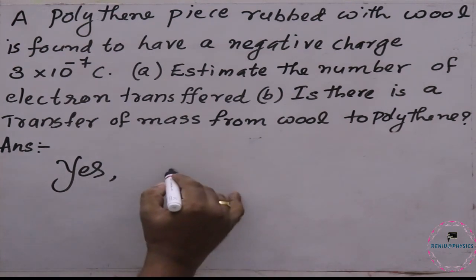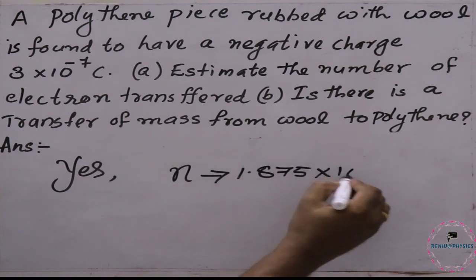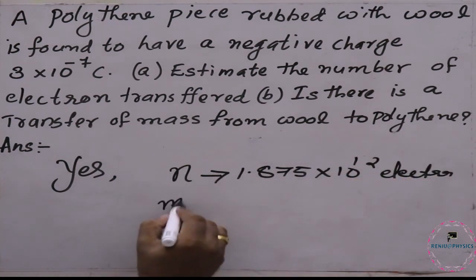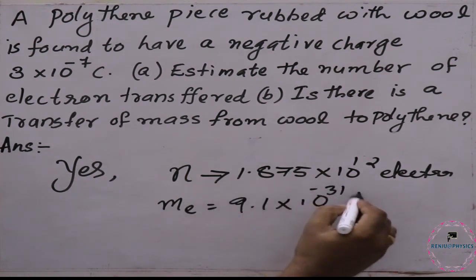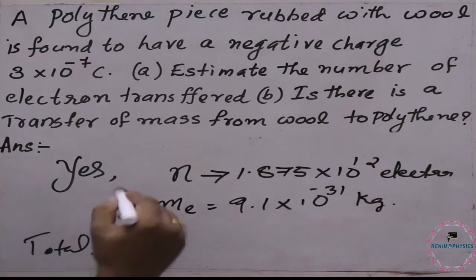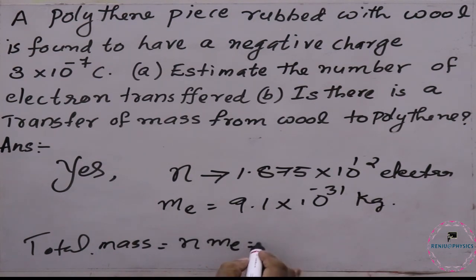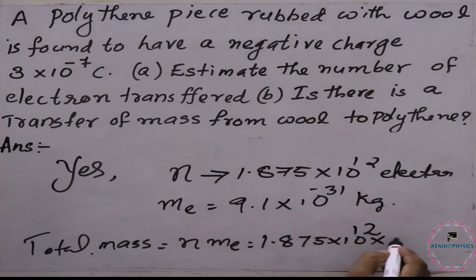We know that the number of free electrons transferred is 1.875 into 10 raised to 12, and we know the mass of a single electron, that is 9.1 into 10 raised to minus 31 kilogram. So the total mass transferred during this process is given by total mass equal to N into m_e. N is 1.875 into 10 raised to 12, into 9.1 into 10 raised to minus 31.